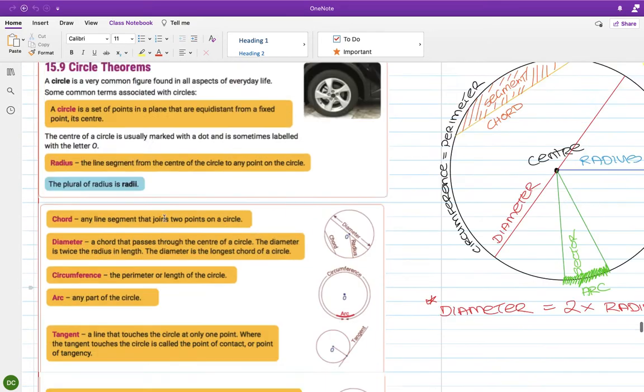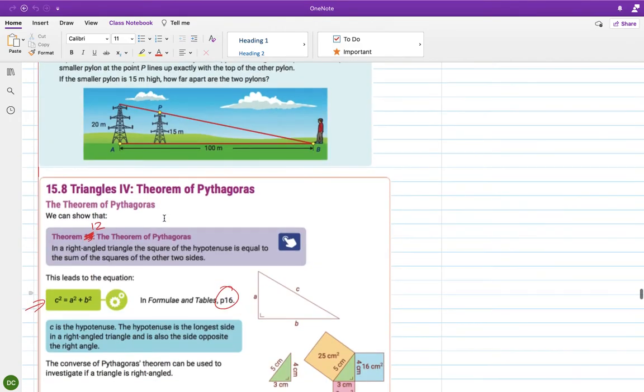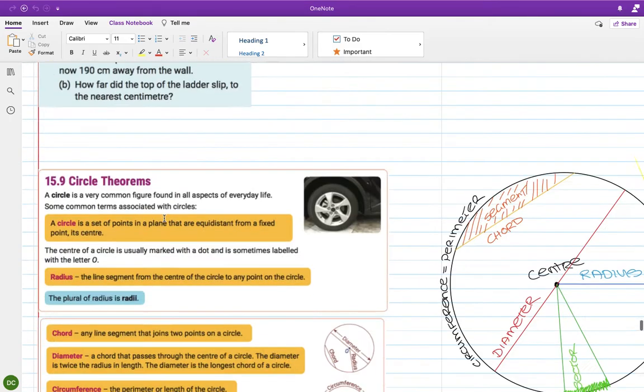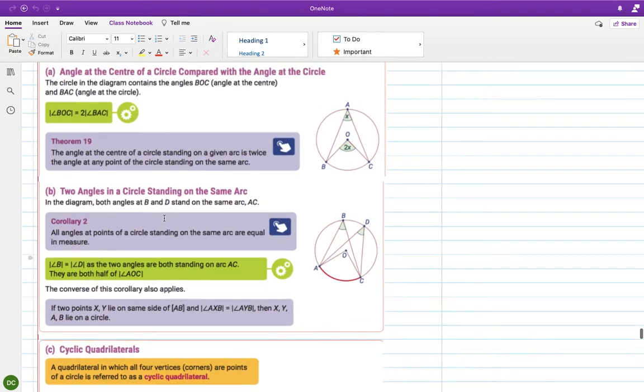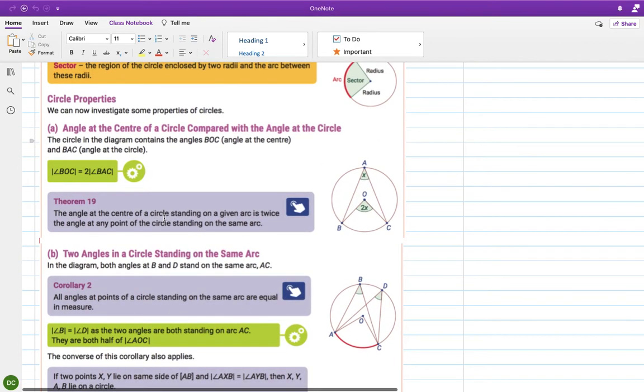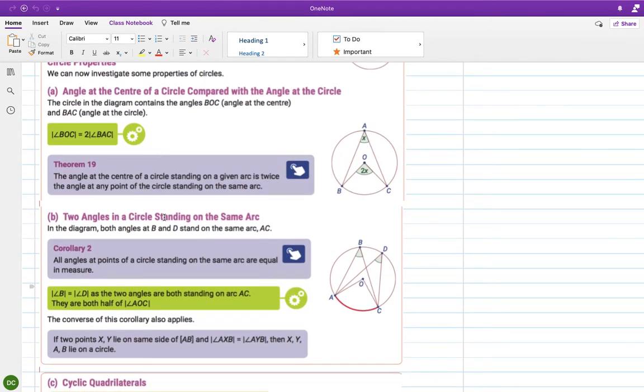Okay, so our two theorems that we're going to do today are going to be theorem 13 and 14. Okay, so here's 13. The angle at the center of a circle standing on a given arc is twice the angle at any point of the circle standing on the same arc.